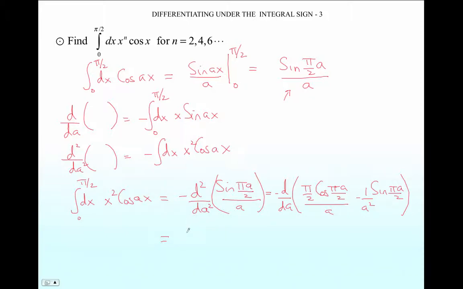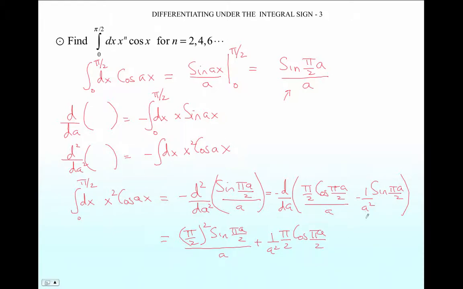So when I do that, I'll get a pi by 2 again, but now it'll be squared because the cosine will give me minus sine of pi by 2, and so this is multiplying sine of pi a over 2 divided by a, and then we have to differentiate the 1 over a over here, which will give minus 1 over a squared, and so that gives 1 over a squared, pi by 2, cosine of pi a over 2, and then finally we have to differentiate what's over here.